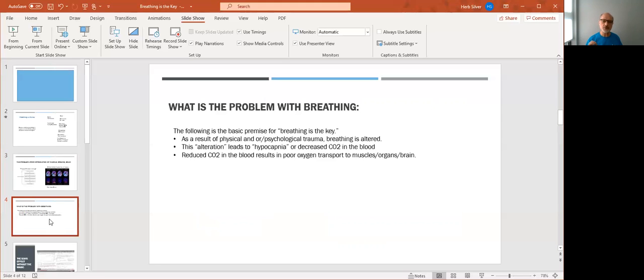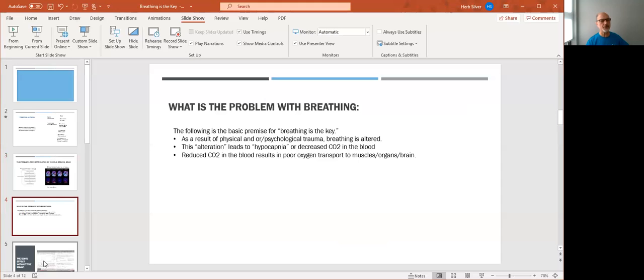But when I started looking at breathing and particularly CO2 levels, what I learned was that the alteration comes with how well oxygen disassociates from the blood. Oxygen needs to come off of the red blood cell, go into the muscle or into the brain, and then you have an oxygenated tissue or organ, which you don't have if you have low levels of CO2.